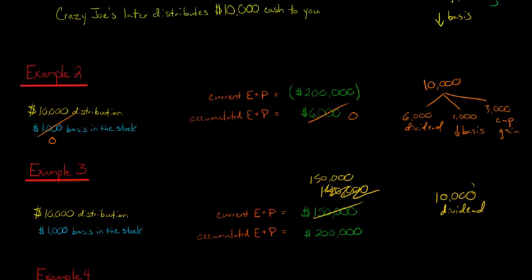I'm assuming here the distribution was made at the end of the year, but if it was made in the middle of the year, let's say on June 30th, and you use a calendar tax year, then you say, okay, how do I apply the distribution toward the current E&P? Well, 50% of the year is over, so I multiply the current E&P by 50%, because the E&P for the year is $150,000, but the distribution took place halfway through the year. So current E&P at that time was deemed to be $75,000.